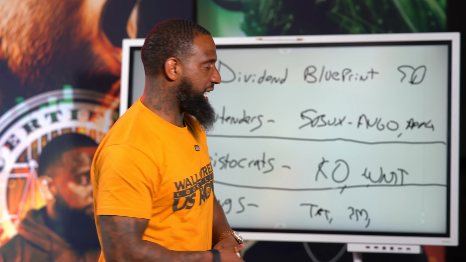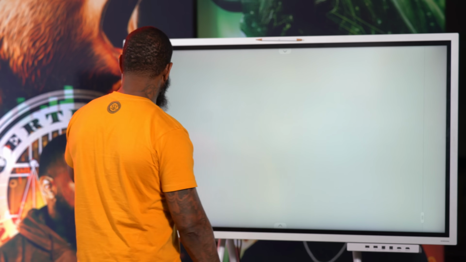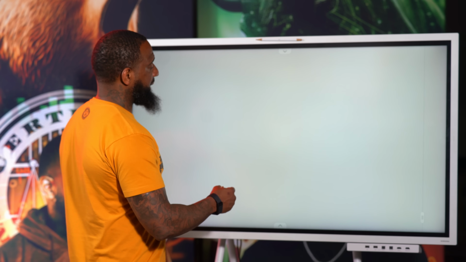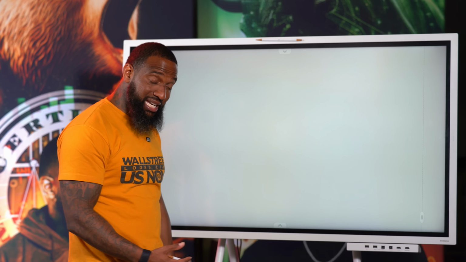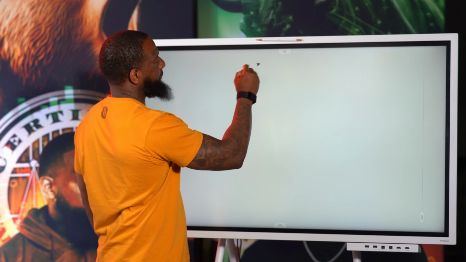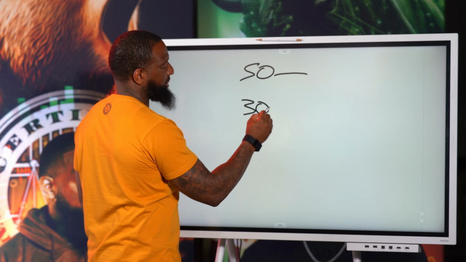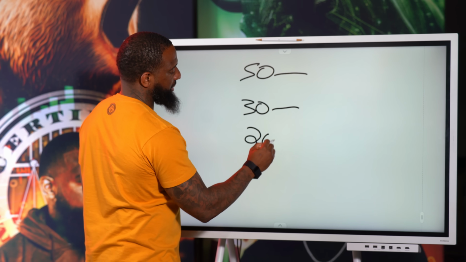Now, here's what I want you to see. If I'm you and I'm building this out, I told you stay here long enough, I'll show you this. This is what I would do. If I'm looking to build my passive income portfolio for dividends, let's say I put my portfolio like this: 50%, 30%, 20%.